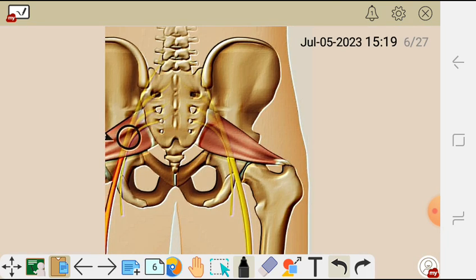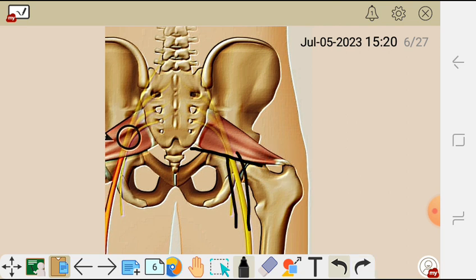So in this diagram, we could see this is the sciatic nerve after coming from its roots there from the lumbar and sacral plexus. It passes below the piriformis muscle. This is the piriformis muscle originating from the sacrum to insert on the greater trochanter.